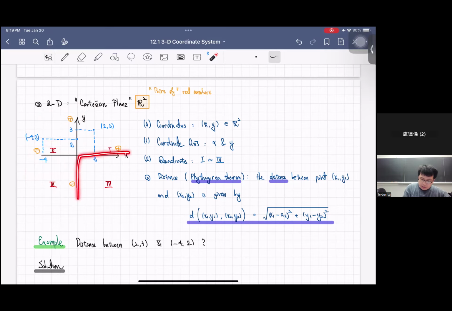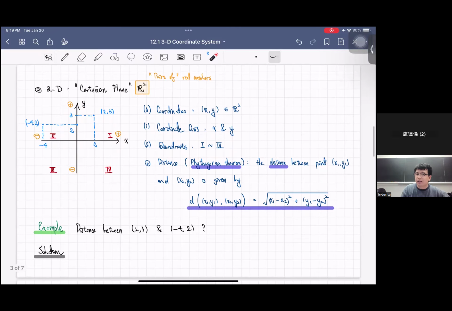And for the fourth quadrant, the x coordinate is positive and the y coordinate is negative. Okay, so these two coordinate axes, the x-axis and the y-axis, divide the plane into four parts, 1, 2, 3, and 4, and those are called the first to the fourth quadrant. Those are the two-dimensional objects on the coordinate plane.